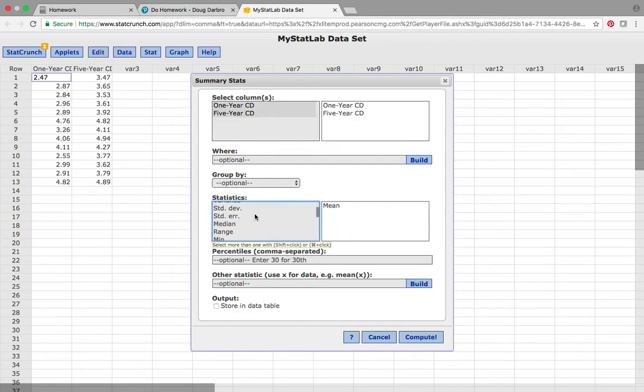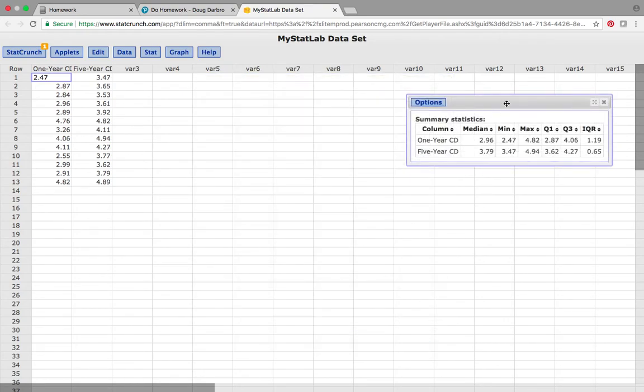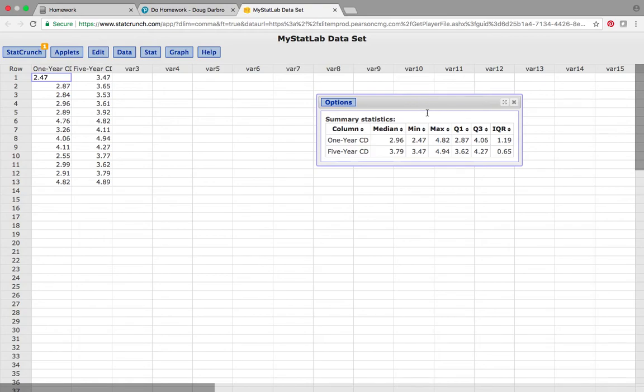So guys, what I would want to do is come in and get the median. I'd want the min. I'd want the max. I'd want Q1, Q3, and I'd want the IQR. Okay? All right.